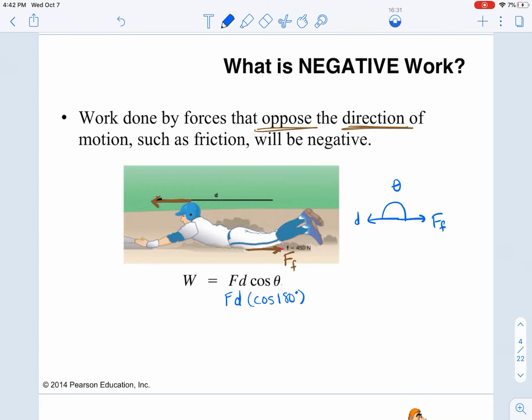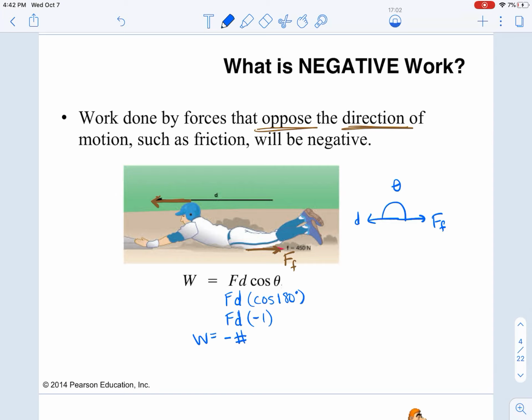And if we were to take the cosine of 180 degrees, that gives us a value of -1. So mathematically, when we understand that vectors pointing in opposite directions give me a value of -1, that means whenever I plug in my numbers here, I'm going to end up with some negative value for my work.